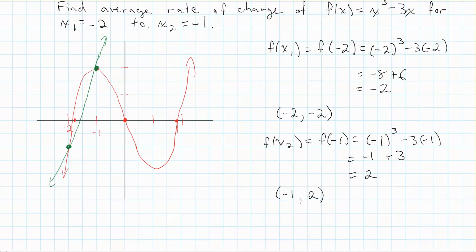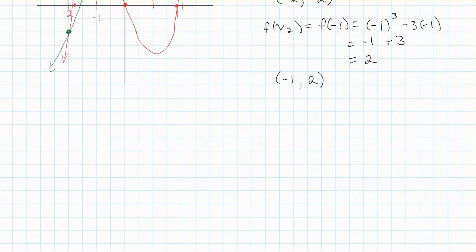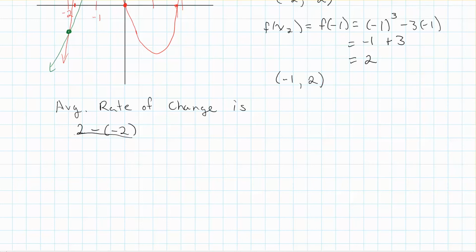Now I have 2 points, and I know how to compute the slope, so my average rate of change is going to be 2 minus -2, y2 minus y1 over x2 minus x1, -1 minus -2.